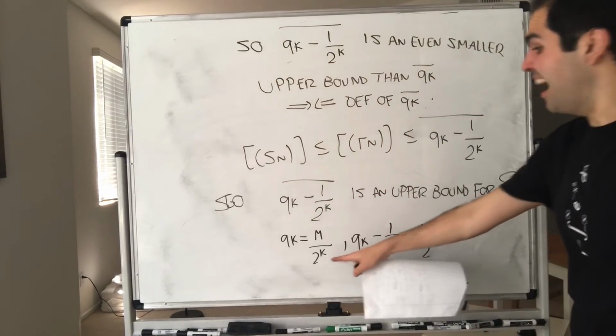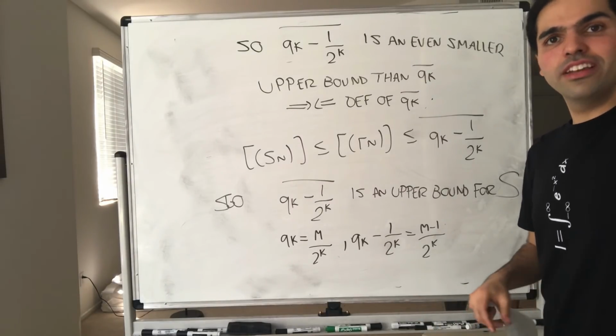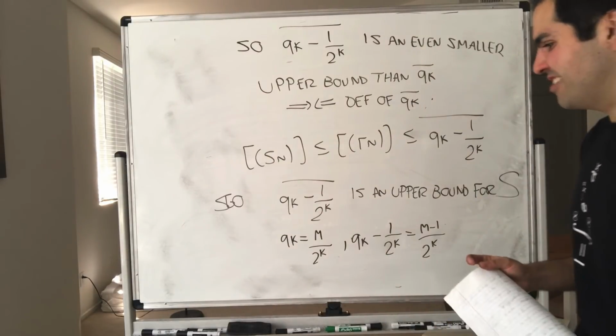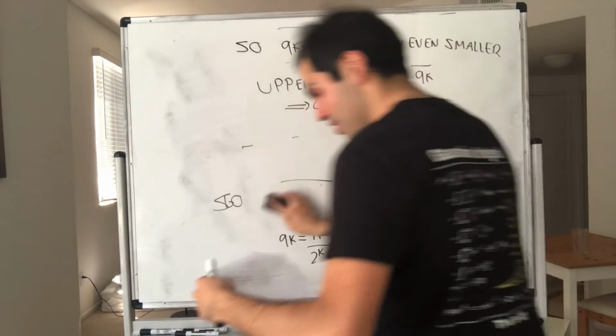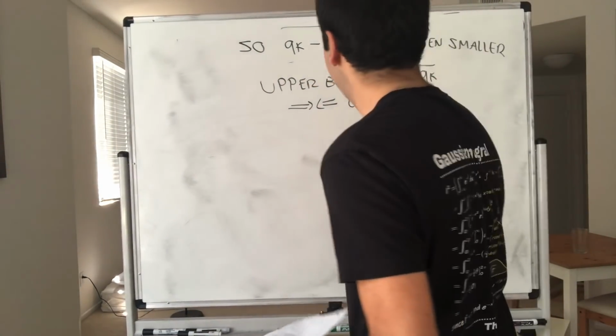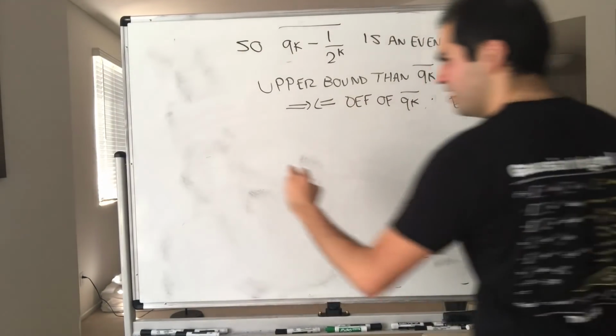See, this is precisely why we chose the denominator as being 2 to the k. Not only this, but also for the geometric series. So that was very, very important. And therefore, I'm very happy to say that we are done.